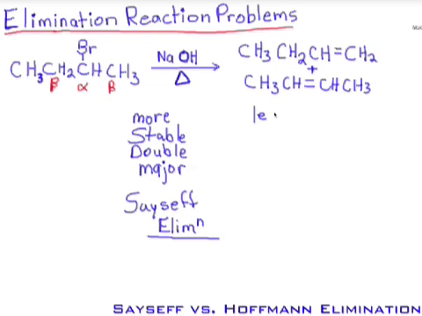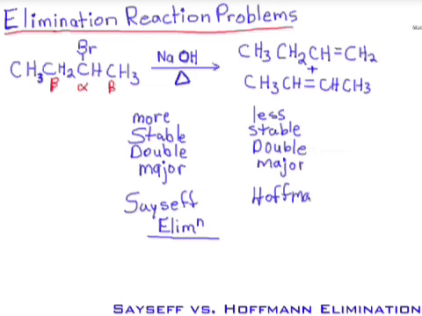If the less stable double bond is major, this is referred to as Hoffmann elimination.